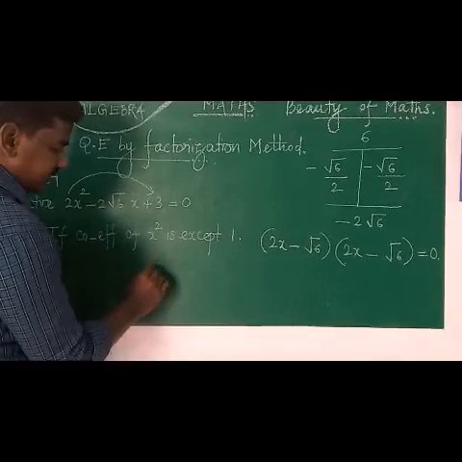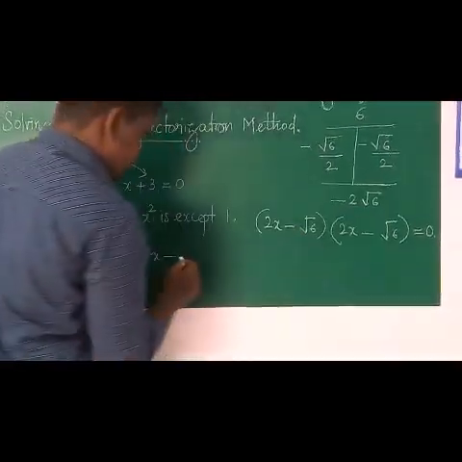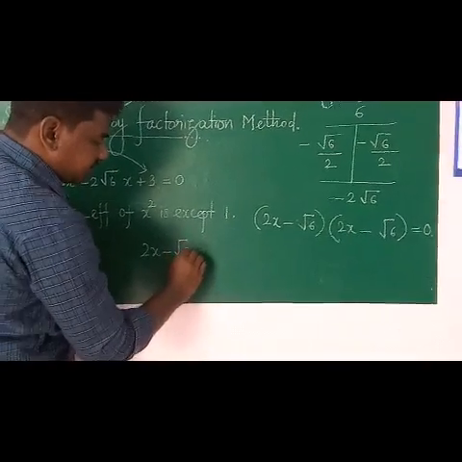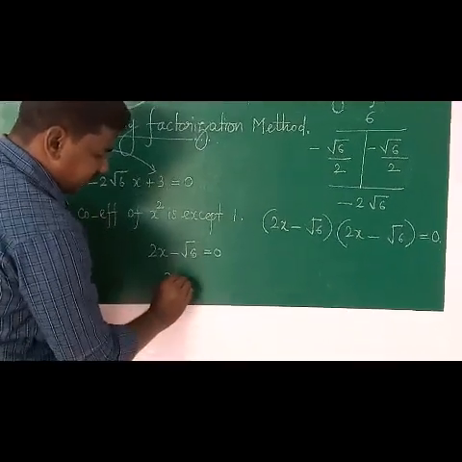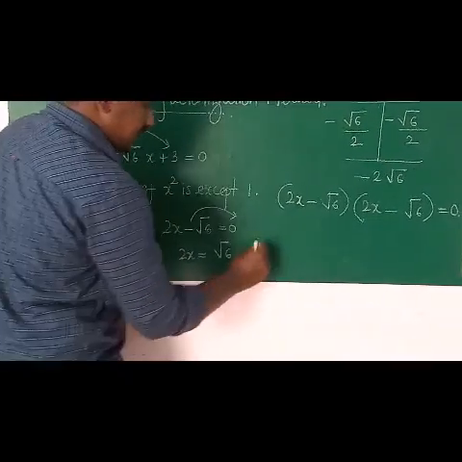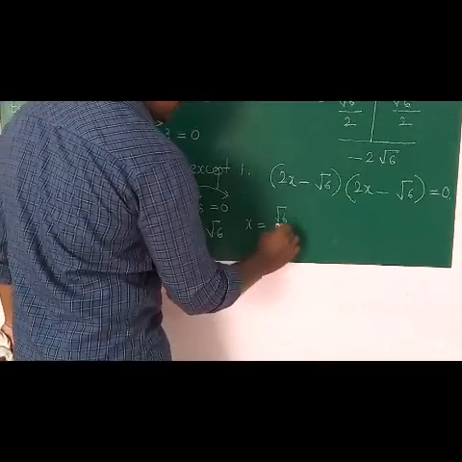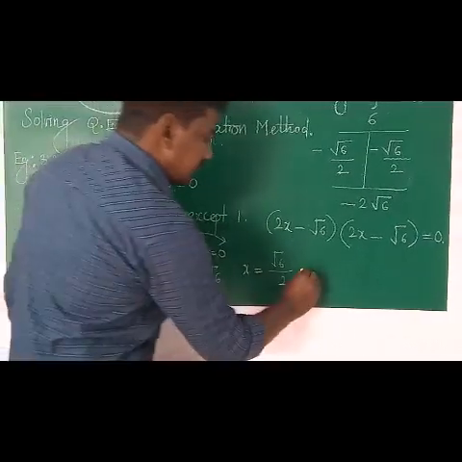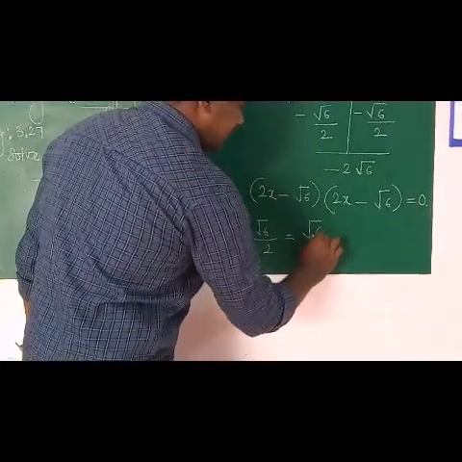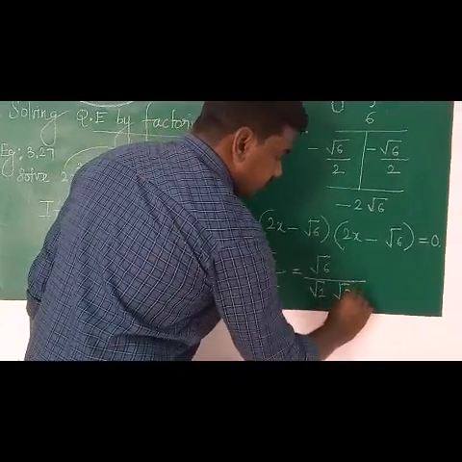We can find the roots easily. So how to find? Equate the factors to 0. First equate this: 2x minus root 6 is equal to 0. So 2x is equal to root 6, as the minus root 6 becomes plus root 6. x is equal to root 6 by 2. Listen, root 6, and this 2 can be written as root 2 into root 2.